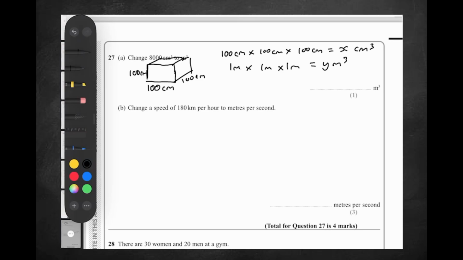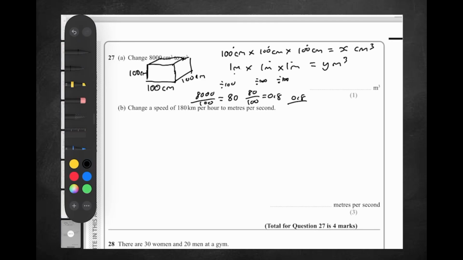So to get from this number to this number, we're going to divide by 100. This number to this number, we're going to divide by 100. And this number to this number, we're going to divide by 100. So we need to divide by 100 3 times. So 8,000 over 100 equals 80. 80 over 100 equals 0.8.